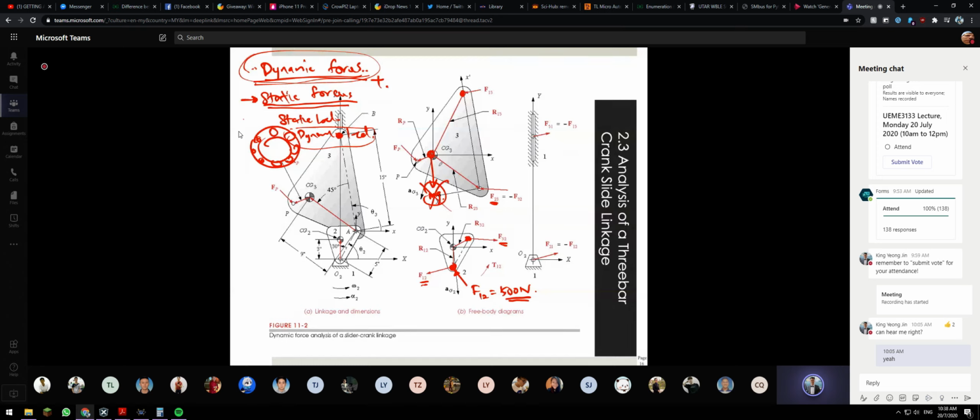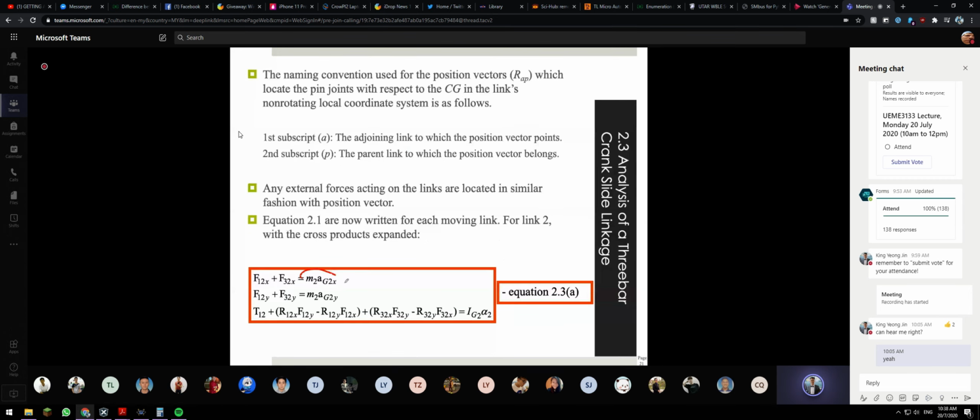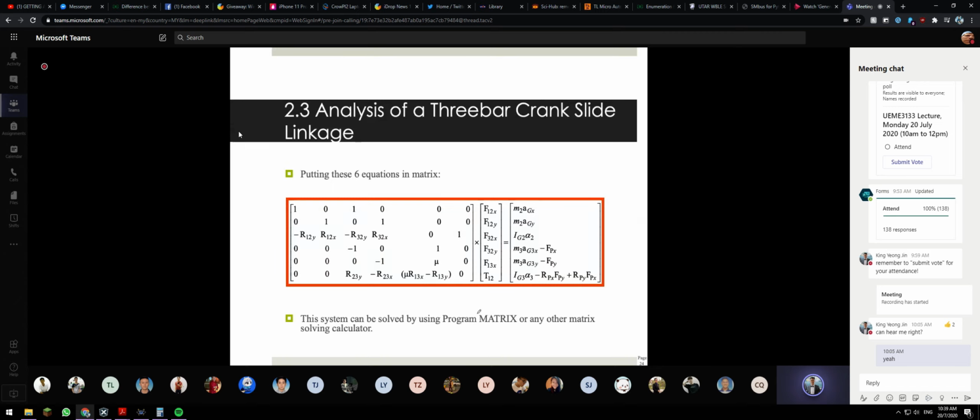The mg will create the dynamic load on this side, which is caused by the mass. The mass causes the dynamic loading to the system, so it's over here and it has been taken care of. But the downforce because of the gravity is under the static calculation. So that's why we don't talk about that over here.